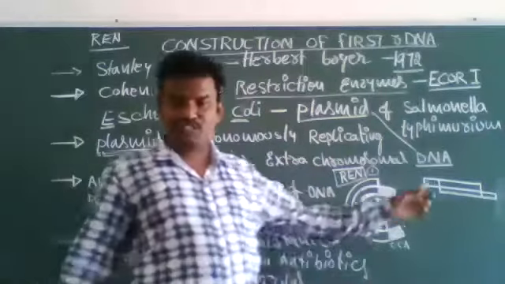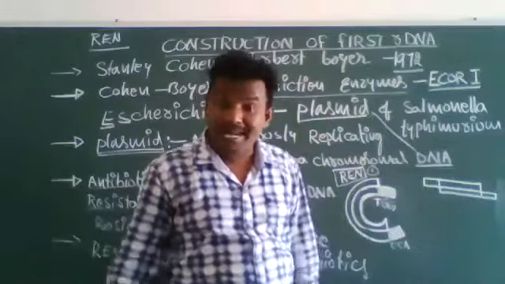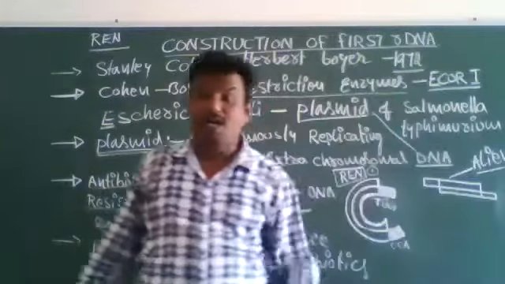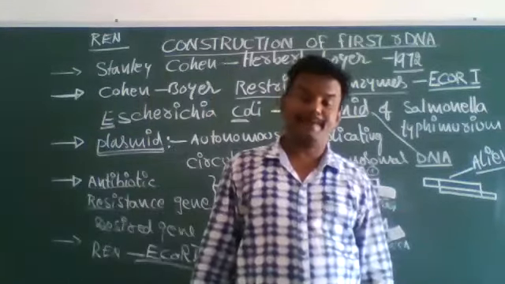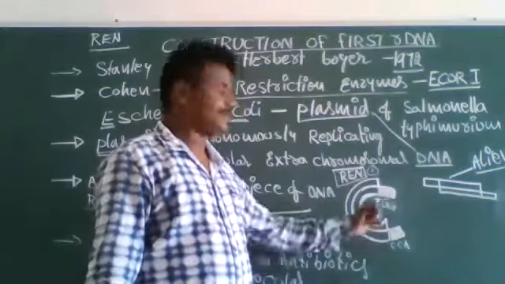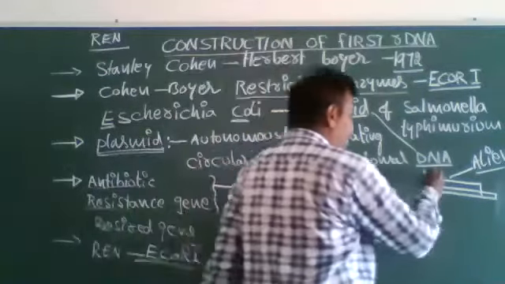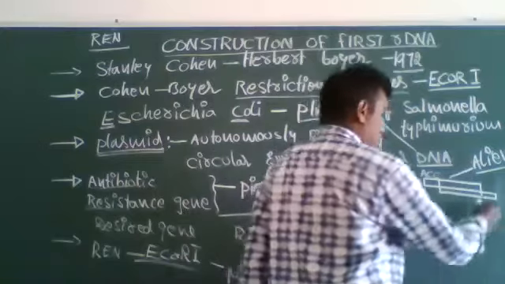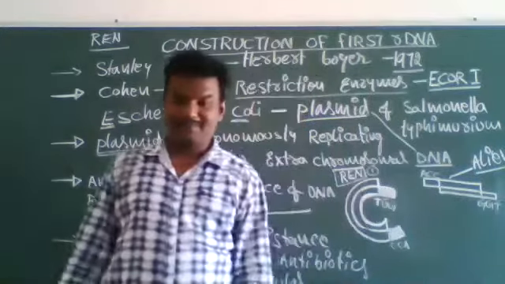The antibiotic resistance gene, or desired gene, or gene of our interest, is alien DNA or foreign DNA. There are a number of names. This strand is also complementary to this one. It is T, then here A, G, C, G, C, C, G, C, G, A. Okay.